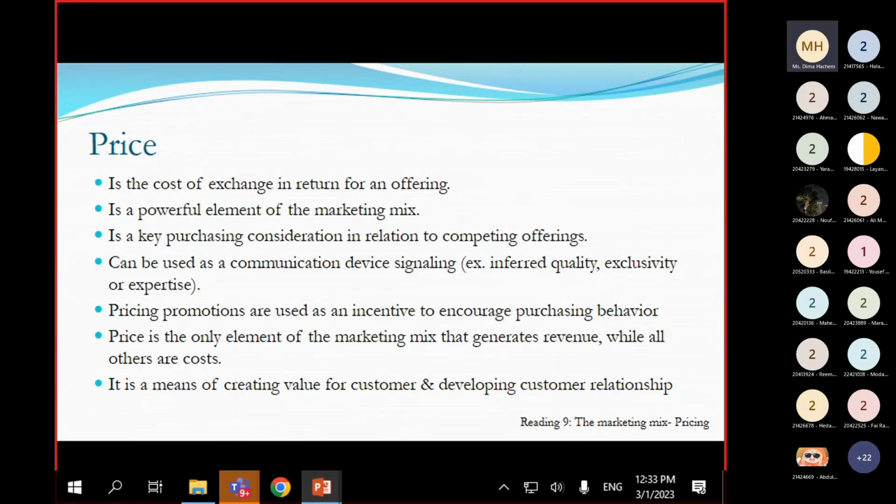It could signal, as you said, it could signal if this is a high quality product or a lower quality product. Also, pricing promotions could be used as an incentive for people to buy this product. And also price is the only element of the marketing mix that actually generates revenue. So by setting up the right price, you will make your profit well.